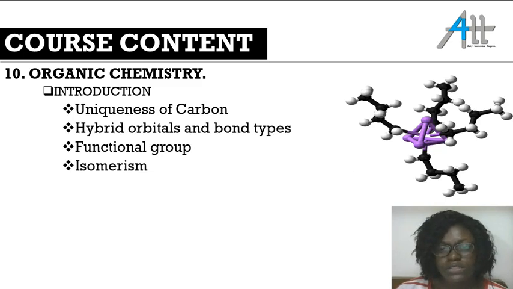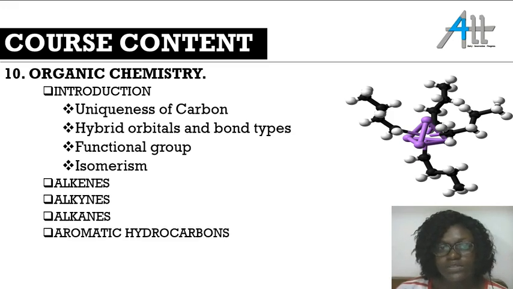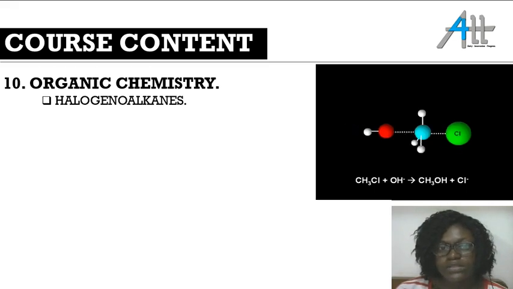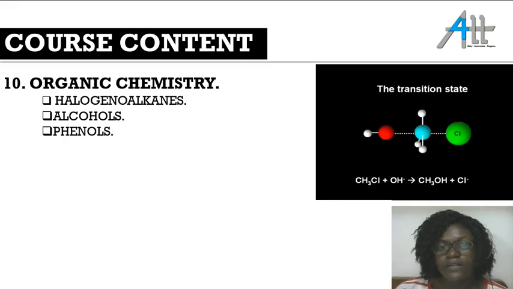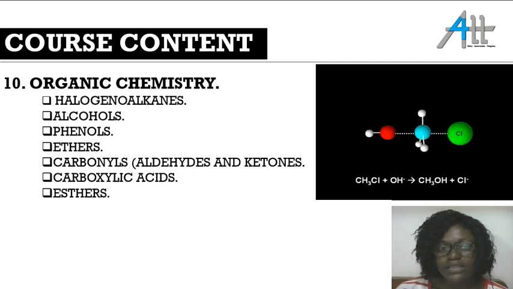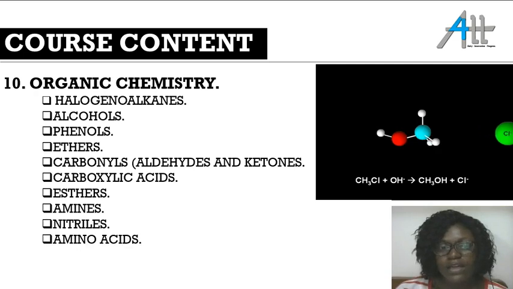We are going to continue with the subtopics under organic chemistry: alkenes, alkynes, alkanes, aromatic hydrocarbons, halogenoalkanes, alcohols, phenols, ethers, carbonyls, aldehydes and ketones, carboxylic acids, esters, amines, nitriles, and finally amino acids.